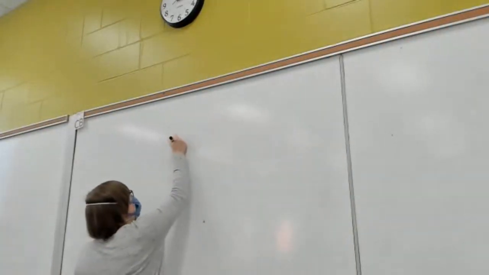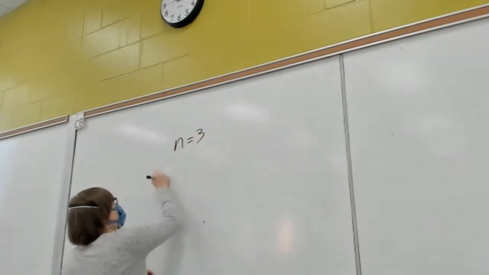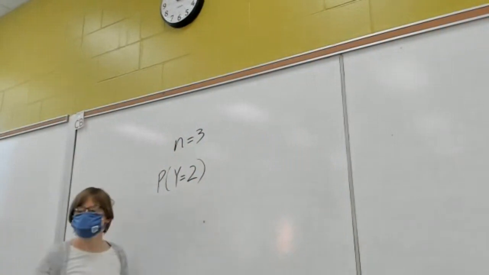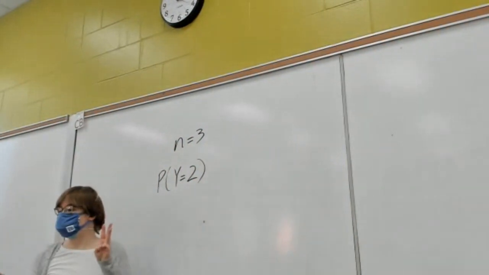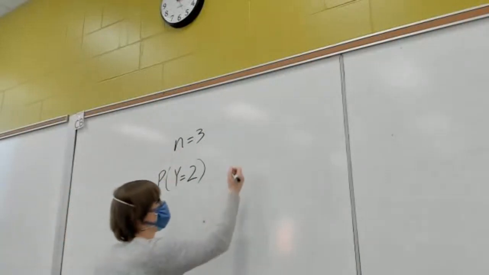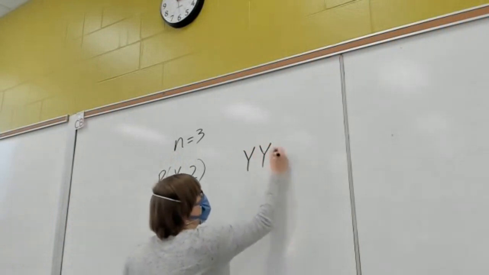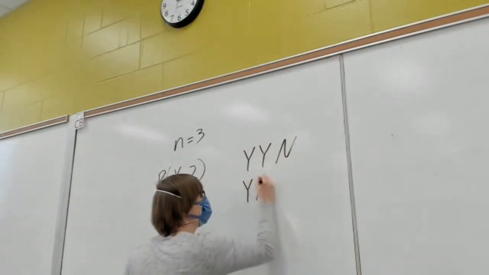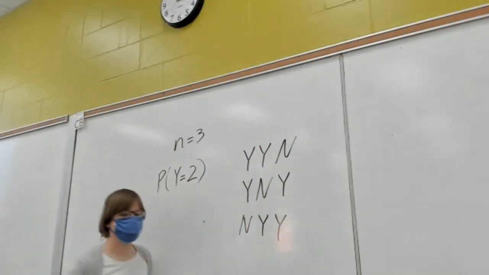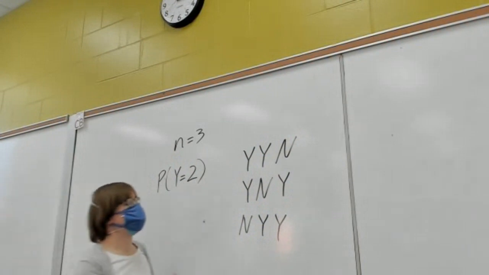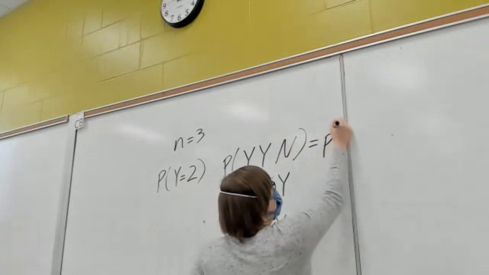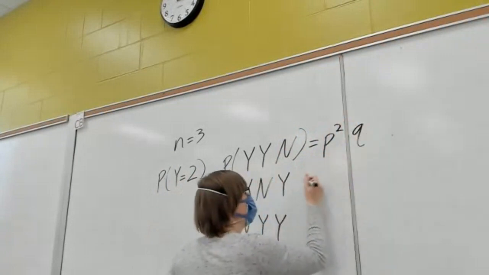If we say have n equal to 3, and we want the probability that y equals 2, there are 3 ways that we could get 2 yeses out of 3 trials. We could have yes, yes, no; yes, no, yes; no, yes, yes. And each of these has probability p squared times q.